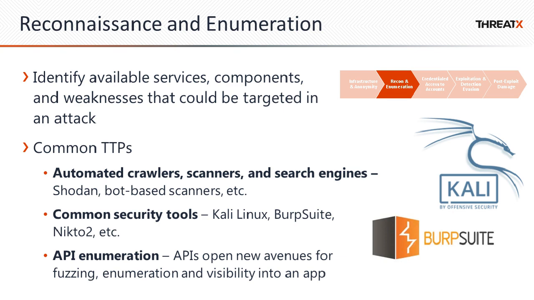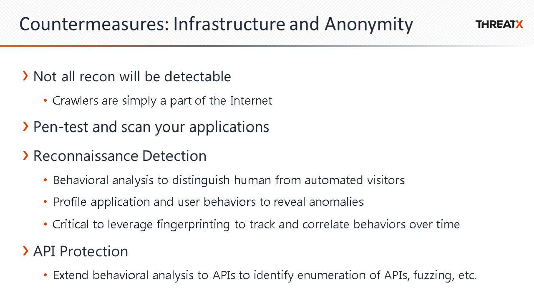And then, like we mentioned, API enumeration. This could also just be your web application enumeration too. Like you see a lot of 400 errors, 404s, and things like that going to endpoints that don't exist because they're just scanning or fuzzing your APIs and things like that. So these are all kind of the TTPs that you see here.